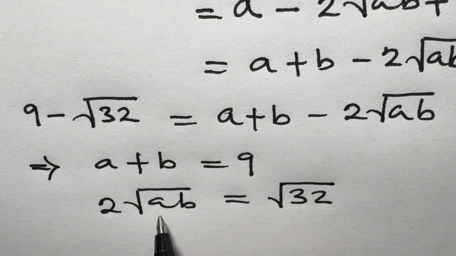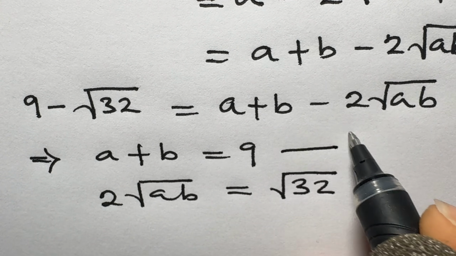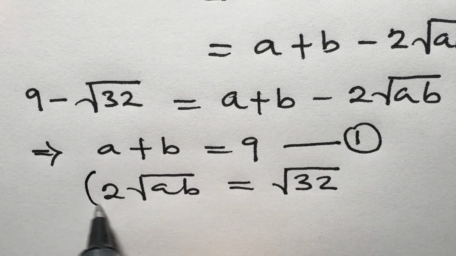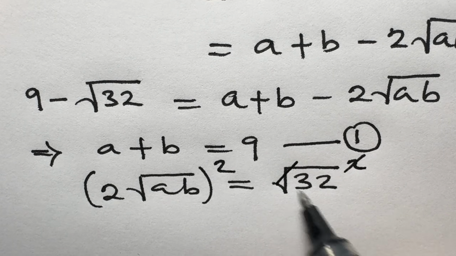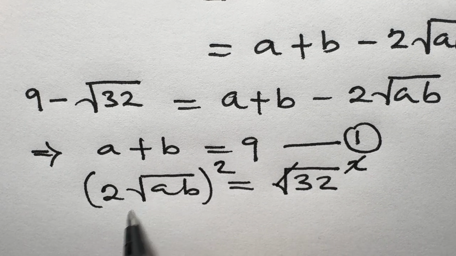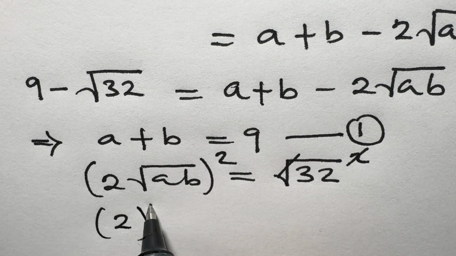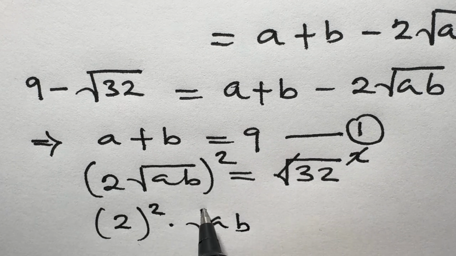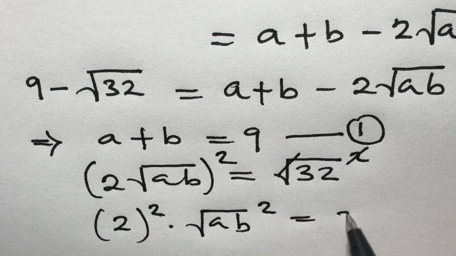For this second equation, let's call this equation 1. So before we label this, let's get rid of the radical or square both sides of this equation. This takes care of this. By law of indices, this should give us 2 raised to power 2 times square root of ab raised to power 2 is equal to 32.